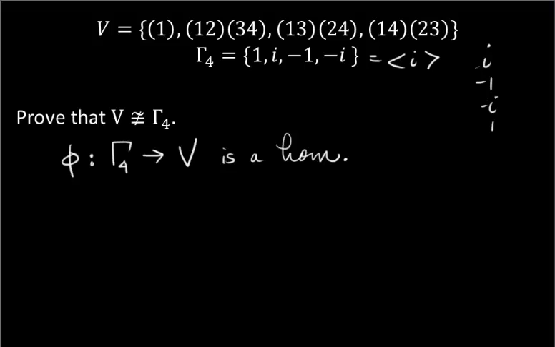So suppose that phi is a homomorphism. We want to show that it cannot be one-to-one. So look at phi of i squared. We know that that is phi of i times phi of i, or phi of i squared.